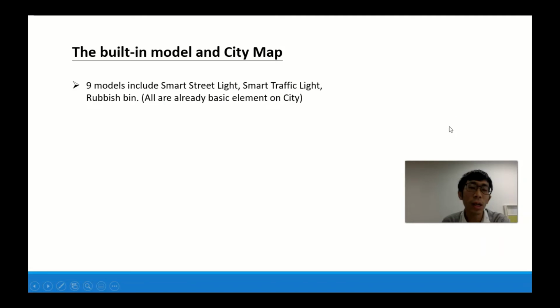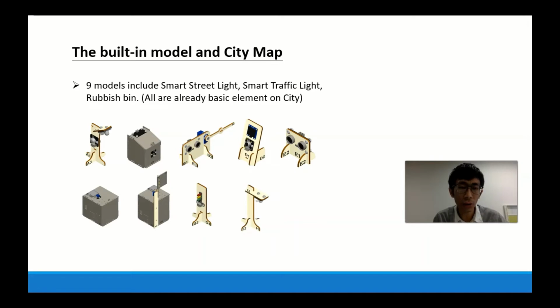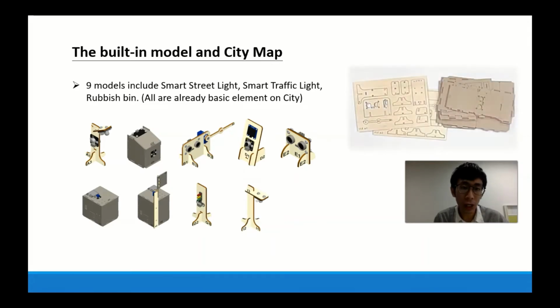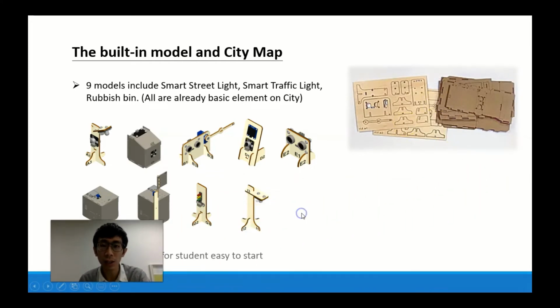So let's go ahead. The built-in model and city map are also one of the great features I have already introduced in the unboxing part. So there are different models inside. Wow, so good, with electronics and the model. That's great.